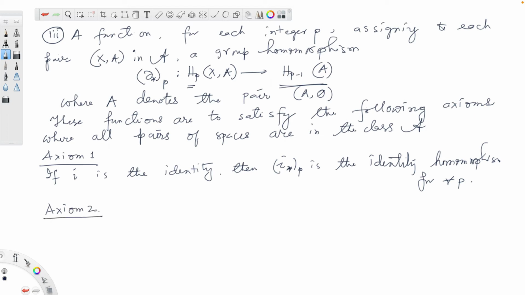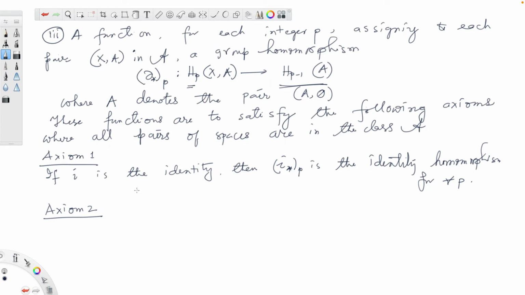it tells us that if you take two maps between pairs of topological spaces in the class calligraphic A in such a way that we can compose them.